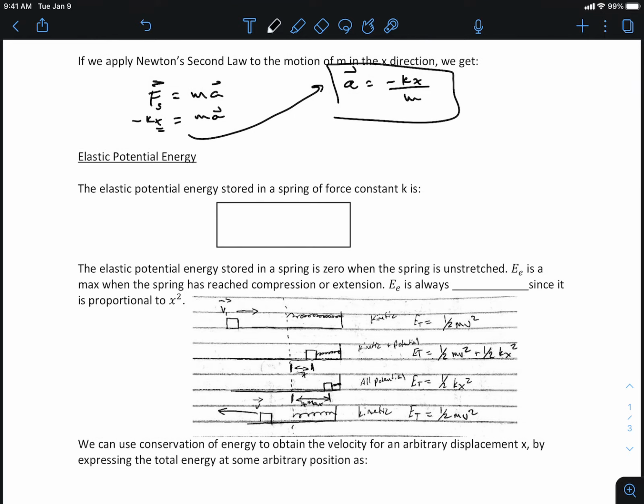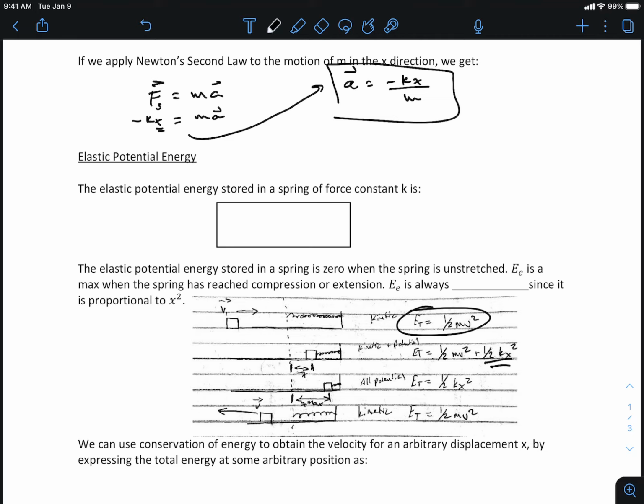So let's say a box is traveling towards a spring, right? The spring is in equilibrium, so it's not contributing any energy to the system at the moment. All the energy is coming from the half mv squared of the box, right? And then it makes contact with the spring, and now we can see that there is some form of kinetic energy because the box is still moving, but we also have this other term in here, and I suppose I should have thrown it in there before I jumped down here.